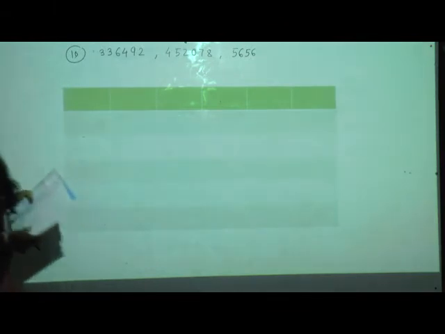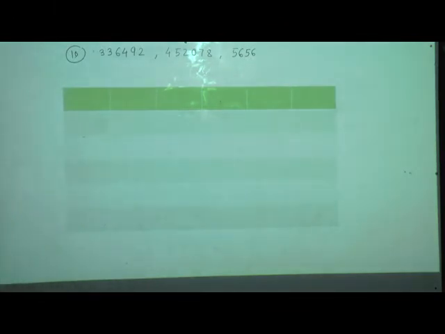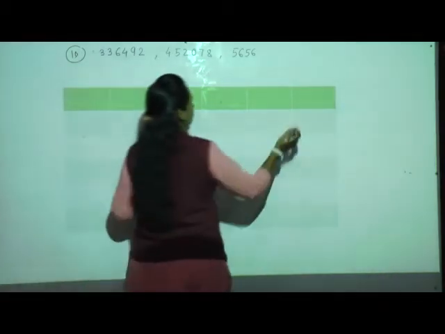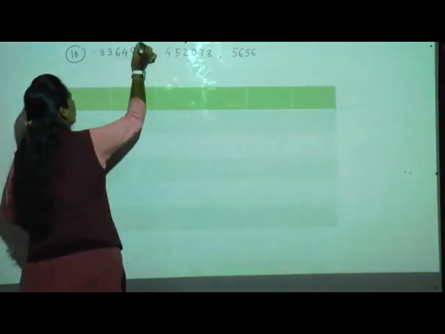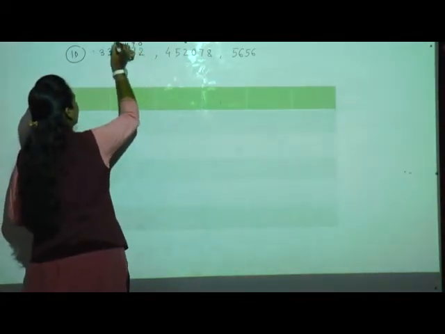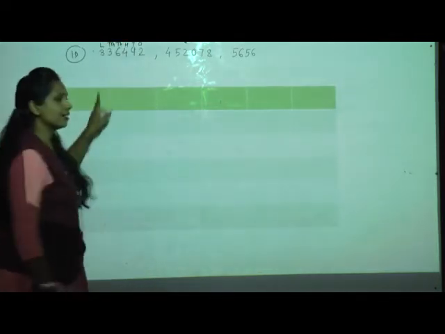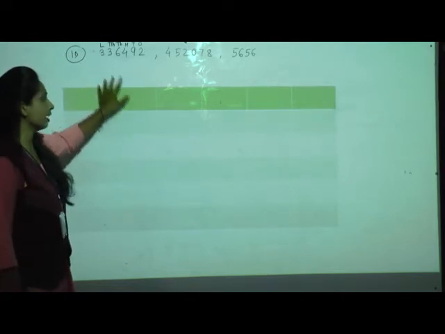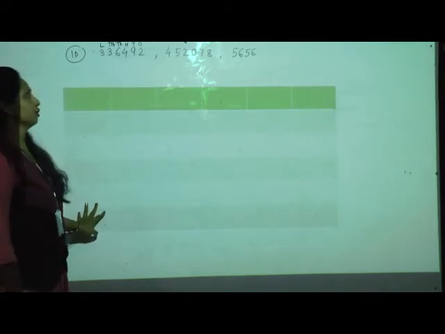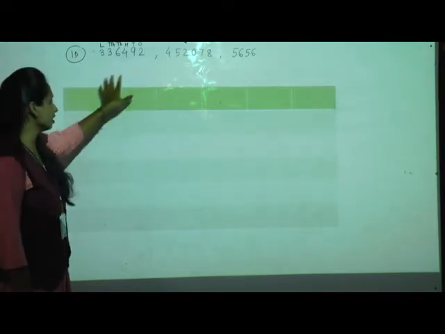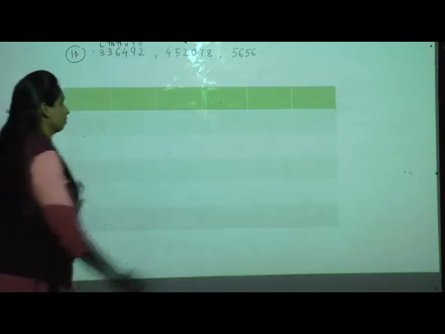See, now 3 numbers are given, but there are 6-digit numbers. So let us write the place values: ones, tens, 100, 1,000, 10,000, lakh. Once you write the place values, you will understand how many columns you have to draw. So for 6 digits, you are going to draw 6 columns.